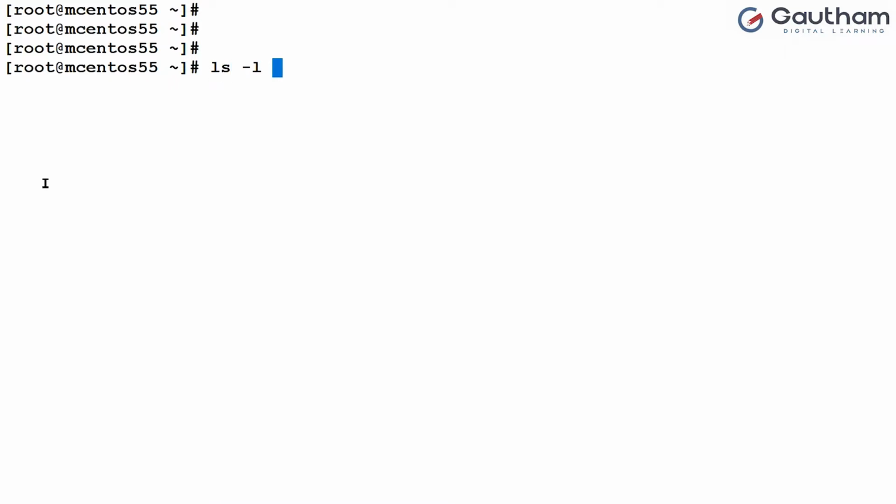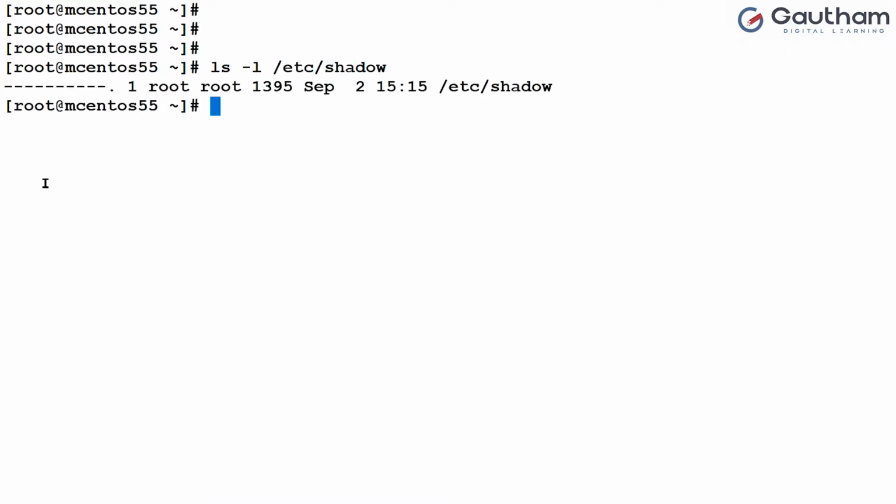First of all, /etc/shadow is not accessible by everyone. As you see, this file does not have any permission. This means this cannot be accessed by everyone. Only root can access it. The other users will not be able to access it, right? So only root can access this file. So who am I?